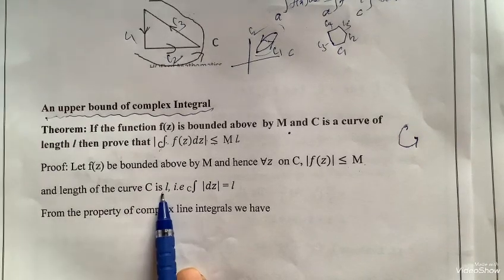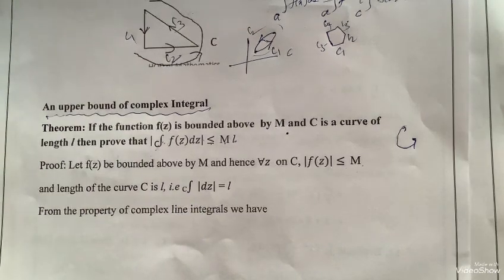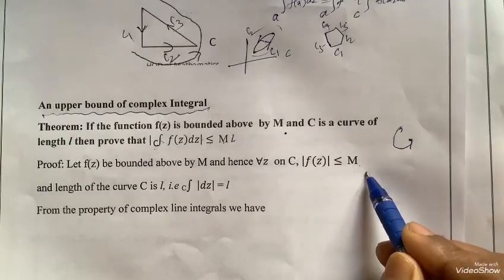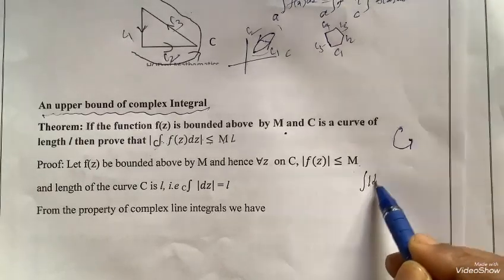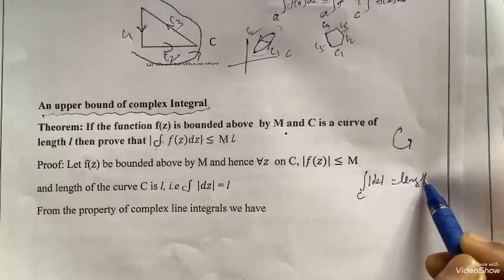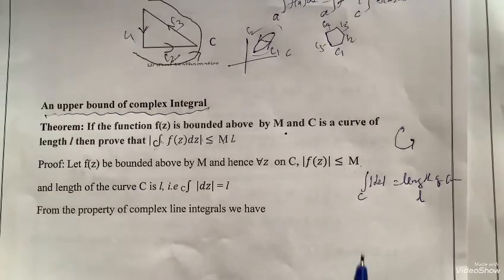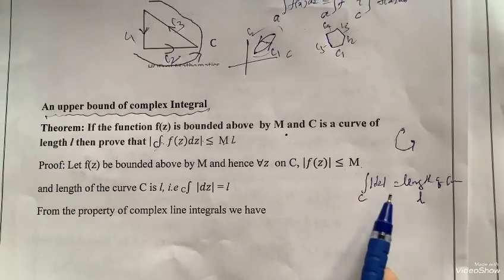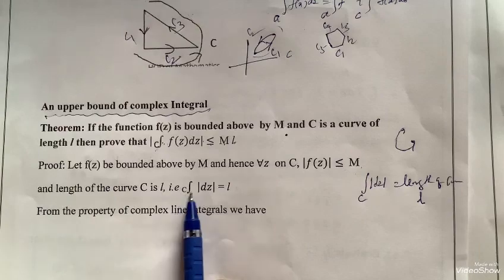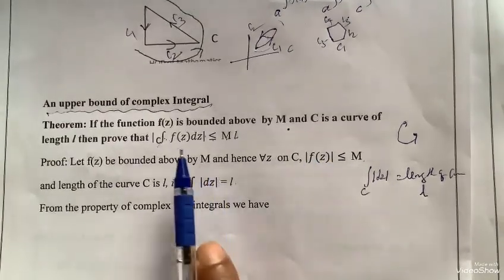Already in the previous class, soon after the definition of Riemann integration of f(z) from first principles, I gave that the integration of mod dz over the curve C is the length of the curve. I gave that it is equal to L. I proved why it is L, and by using that I wrote the integration of mod dz is equal to L. So these two you use here.